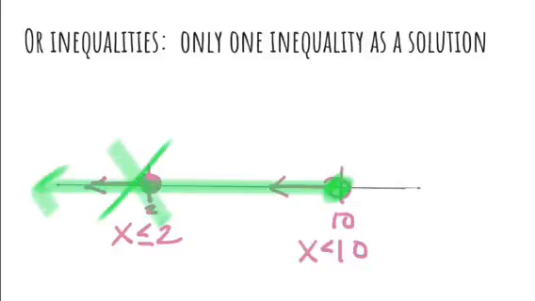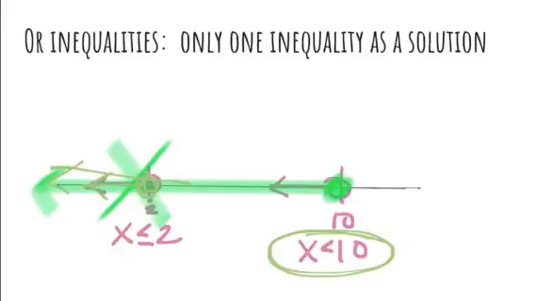So this inequality does not matter for our solution. The only thing that would matter is x is less than 10, because everything in this pink inequality here has already kind of been run over by this other inequality, so it doesn't matter in our answer. And that is all of the special solution types for OR inequalities.